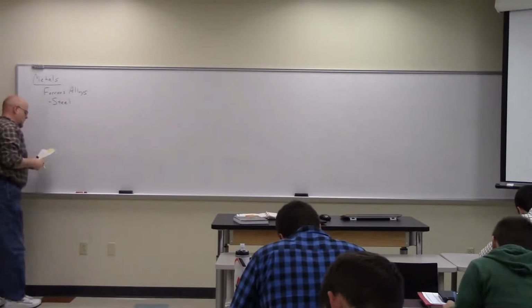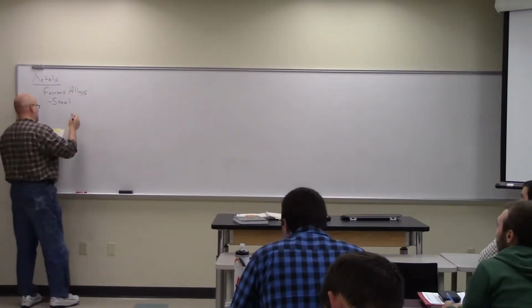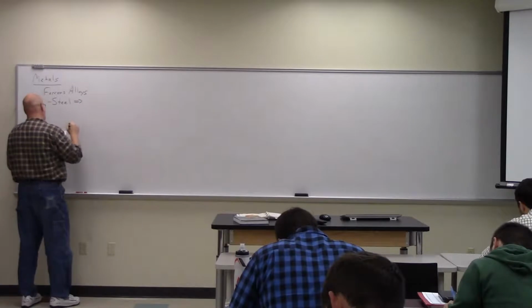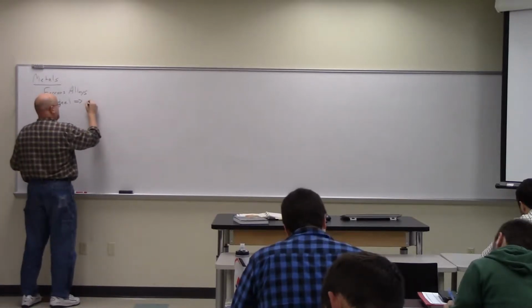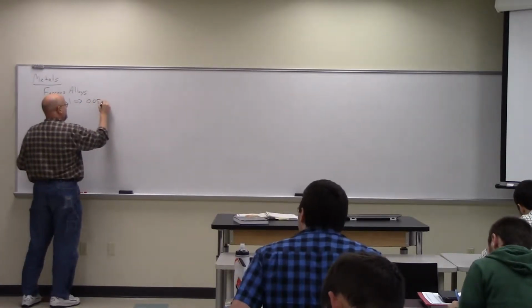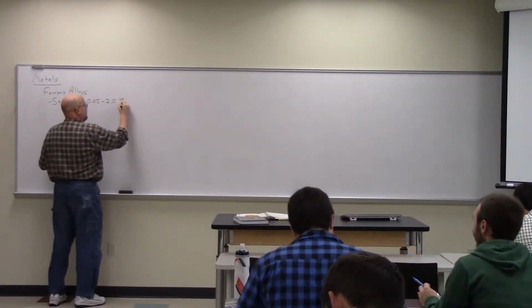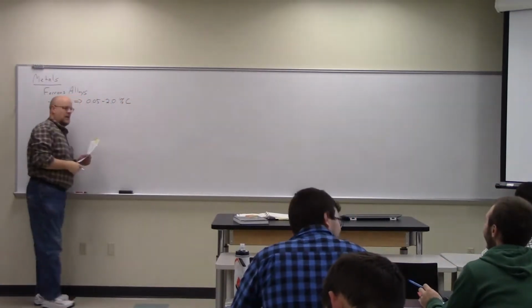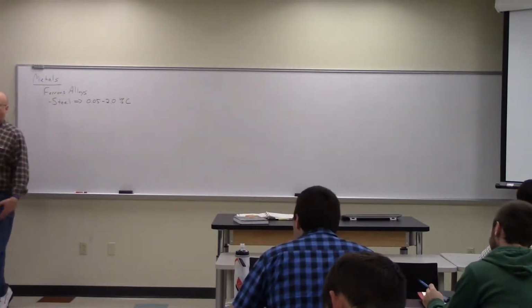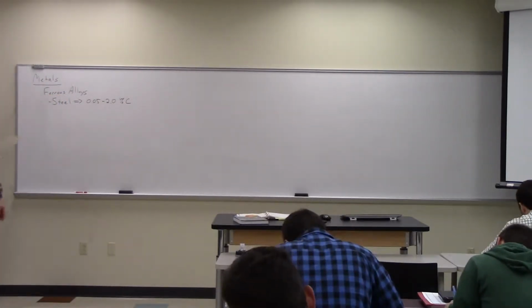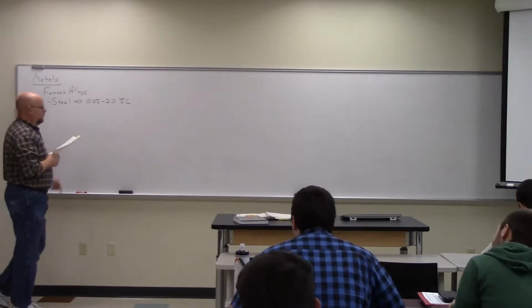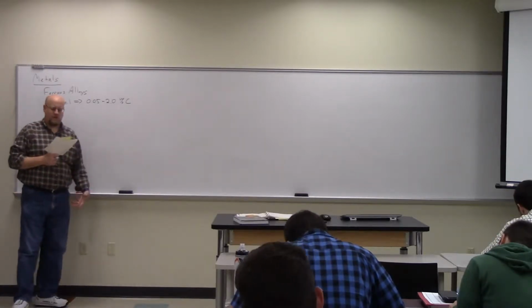Steel, the most commonly used engineering material. So steel is defined as anything from 0.05 to 2.0 weight percent carbon in iron. So any iron alloy that has between 0.05 and 2 weight percent carbon, we call a steel.